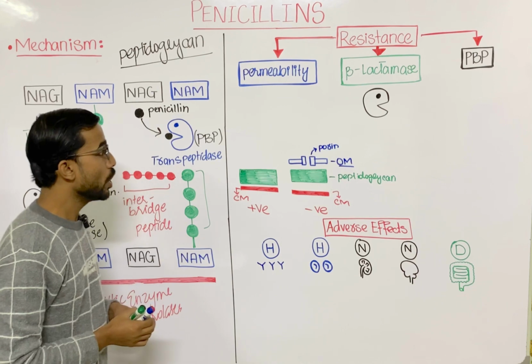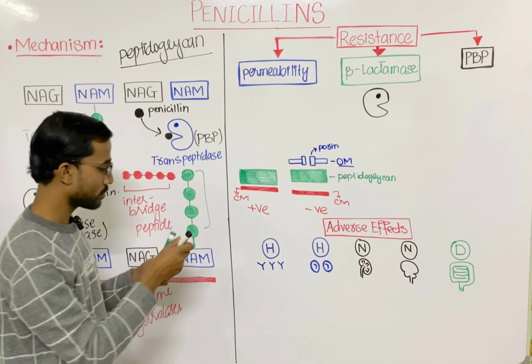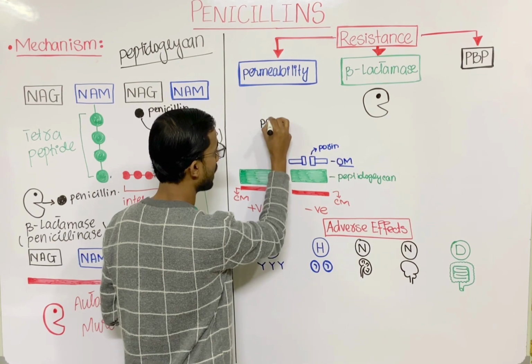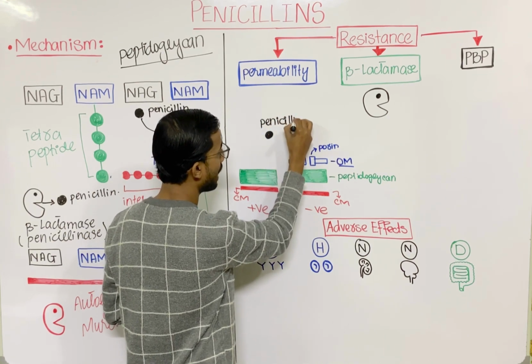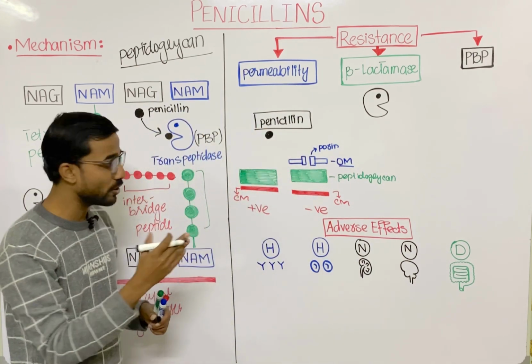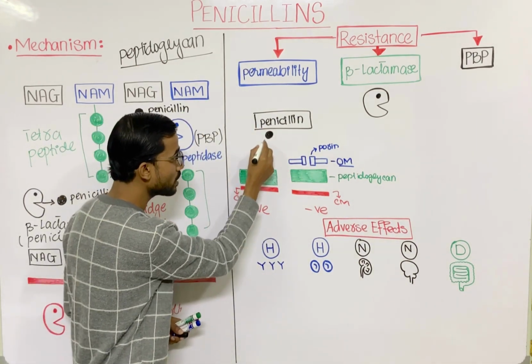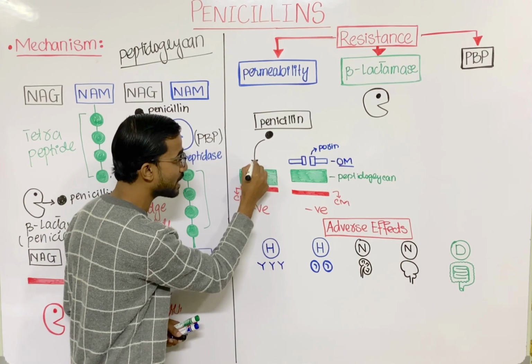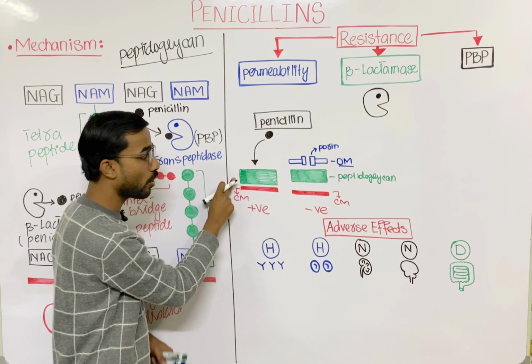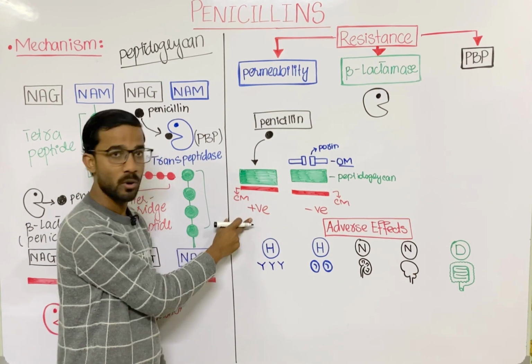Okay. So if I say here is the penicillin, here is the penicillin. Now penicillin can easily interact with the peptidoglycan in gram positive, because the peptidoglycan is directly faced to the environment. So penicillin can easily attack the peptidoglycan in gram positive.